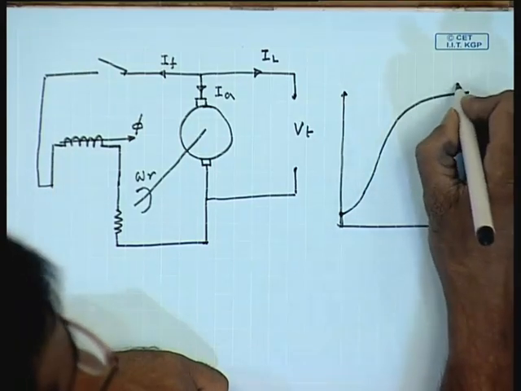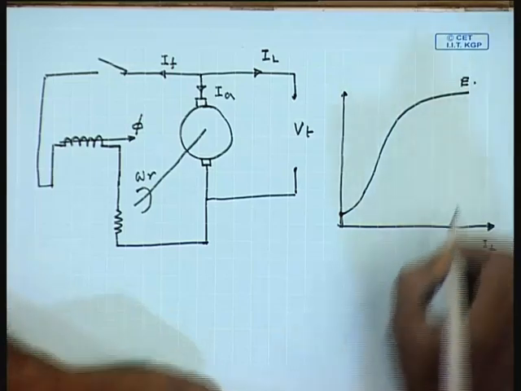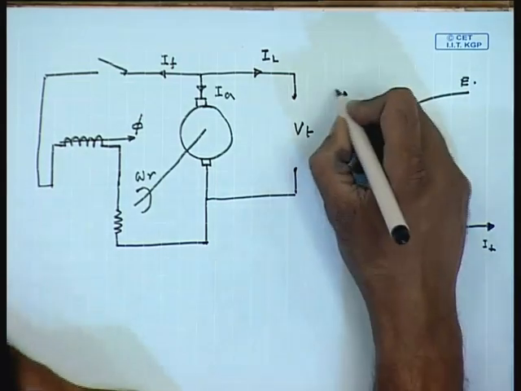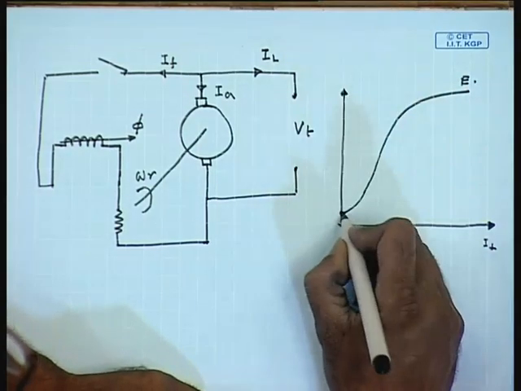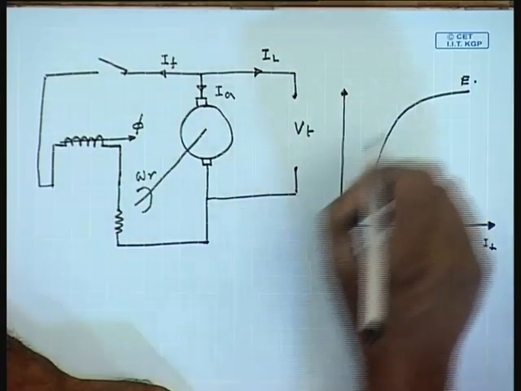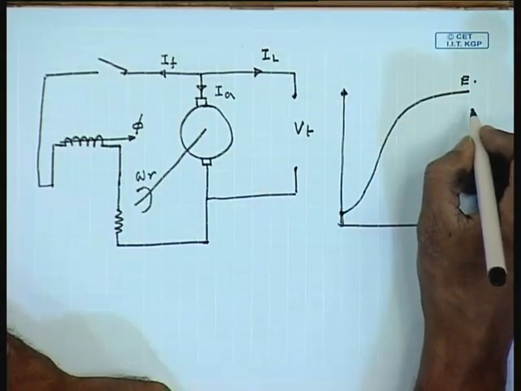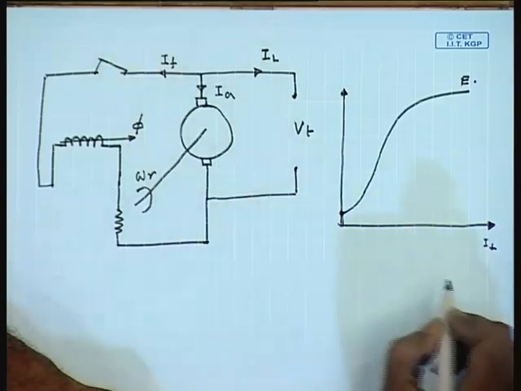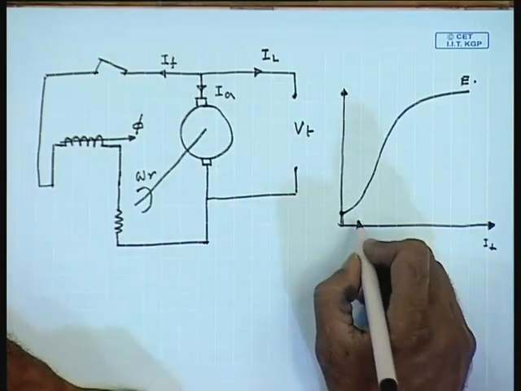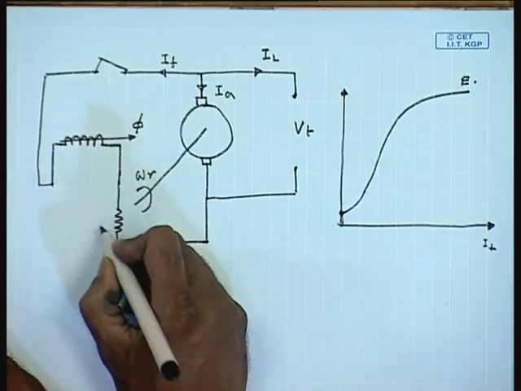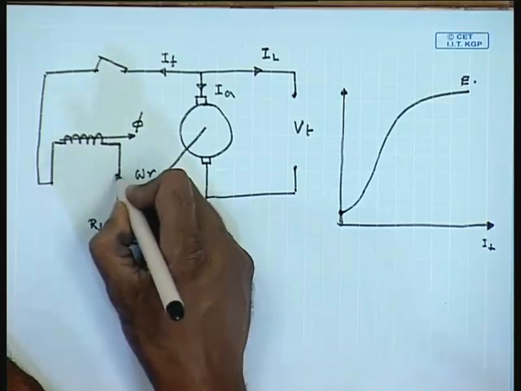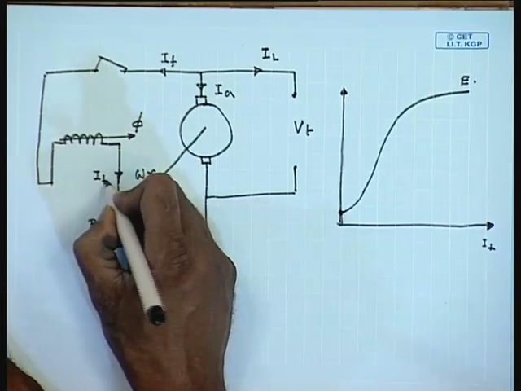This is the plot of E. Now, initially the field current is 0. At this point the machine is run at its rated speed and this switch is closed. As soon as the switch is closed, there is a current IF that will flow in the field circuit.